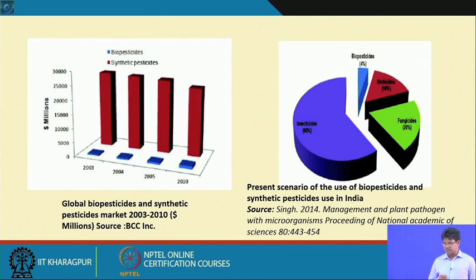The present scenario of the use of biopesticide and synthetic pesticide in India: usually synthetic insecticide is used the most, around 60% for insect control, and similarly around 20% for fungicides and 16% for herbicides, with biopesticide at a maximum of 4%. Though biopesticide use is very low, we need to increase it, because it has to be very effective in controlling pests and diseases, as the farmers do not want to see their crops dying.